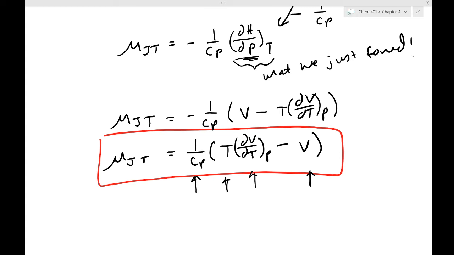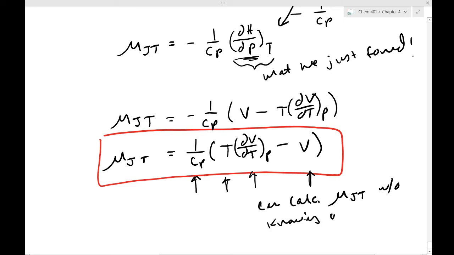The Joule-Thomson coefficient. Okay, so we can calculate that without knowing anything about the enthalpy of the system.